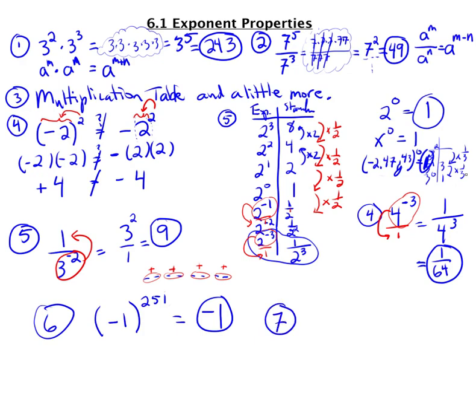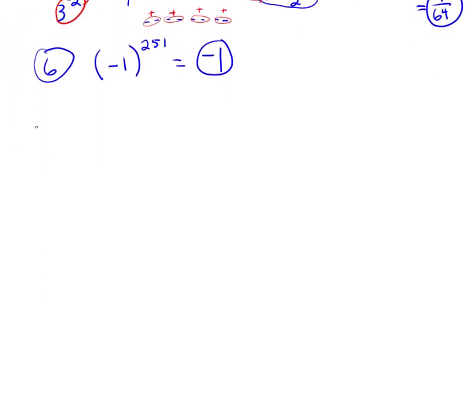Number 7. Now, I need a little bit more space for this one. So if we have x to the negative 2 power, y to the 0 power, over x to the 4th power times y to the negative 3 power. Now to simplify this, I notice I have a couple of interesting things.